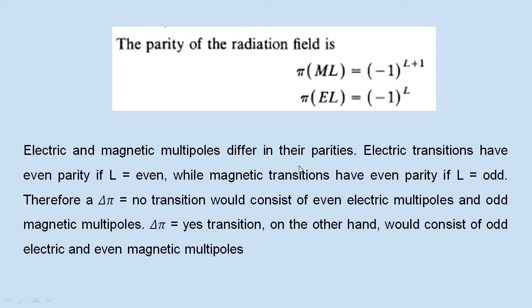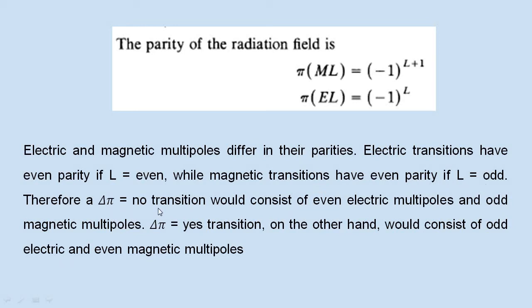That means for the same value of L, for electric multipole radiation, if it is an odd value, the corresponding magnetic field is even. That we are saying here: electric and magnetic multipoles differ in their parities. Electric transitions have even parity if L is even, while magnetic transitions have even parity if L is odd.